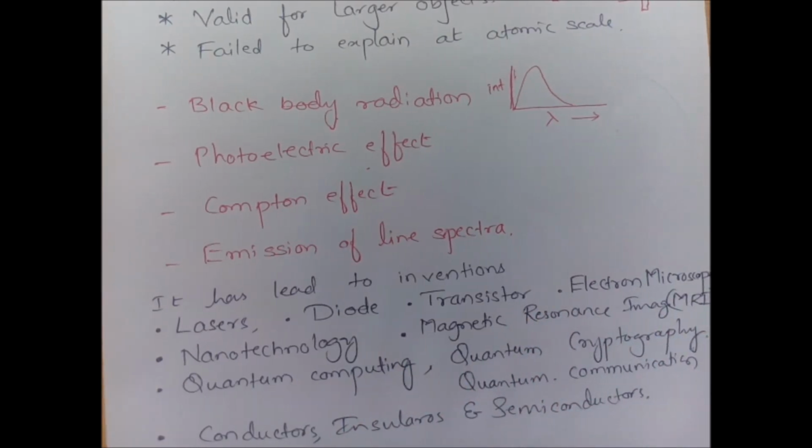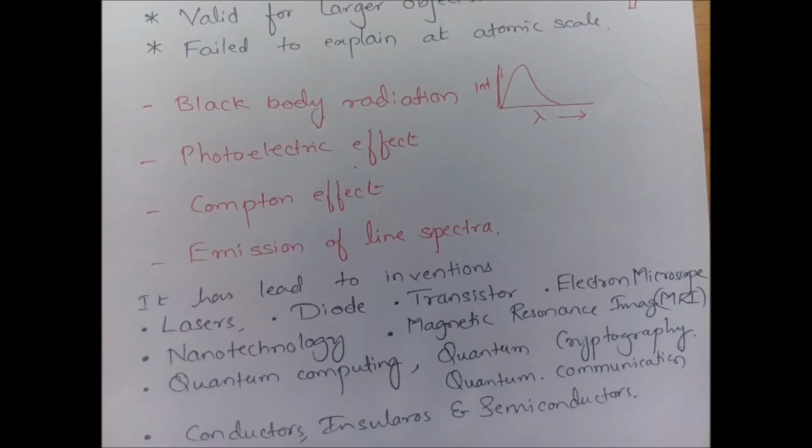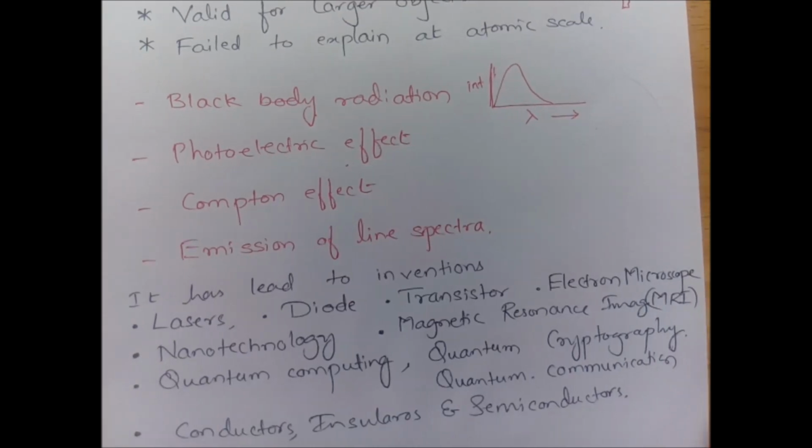The electron microscope is another invention wherein we can have images at the nanoscale. There the electrons are hit at the object which we want to look at, and it will give us the image of that particular object at the nanoscale.